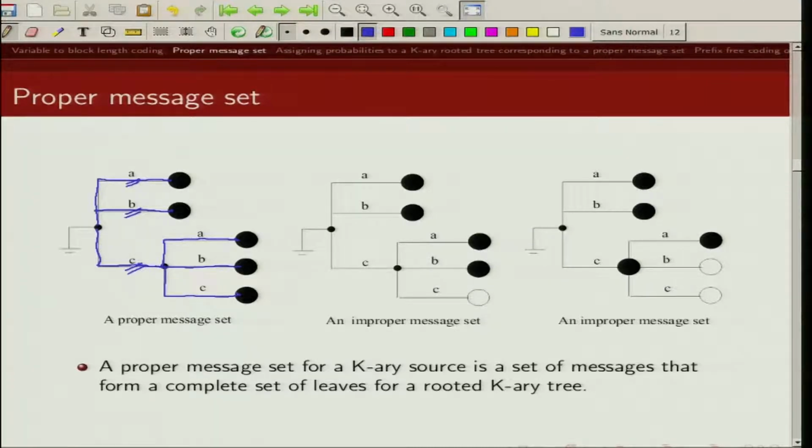Let's look at some sequence, let's say A, B, A, C, C, B. Now note here that if I use this source parser, which I am calling a proper message set, how will I parse this input sequence? For A, that's one message; B, another; A. If I get a C, I look at the next letter, that's CC.